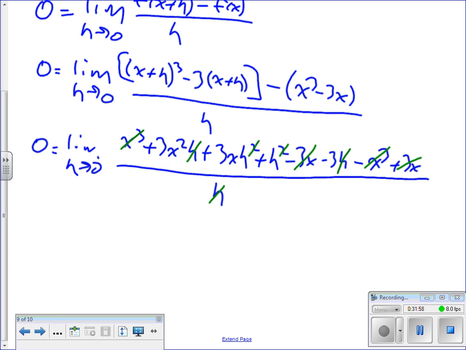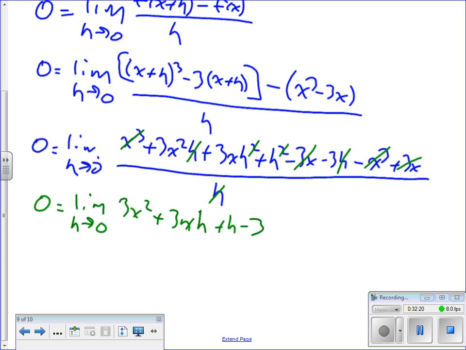Good. 0 equals the limit as h approaches 0 of 3x squared plus 3x h plus h squared minus 3.